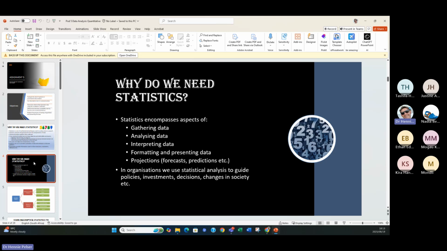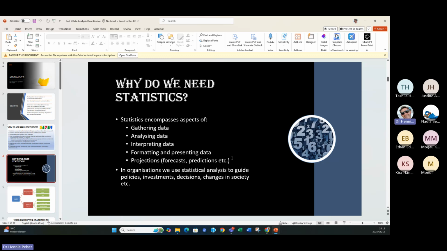Then it's about analyzing the data, and that's where your statistics will come into it. Interpreting the data is where you draw your conclusions from the stats. It is where you start writing up the findings and what has been pointed at to you as a consequence of the various relationships that you have found.